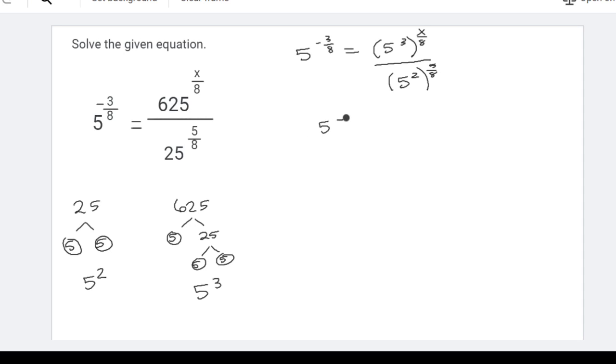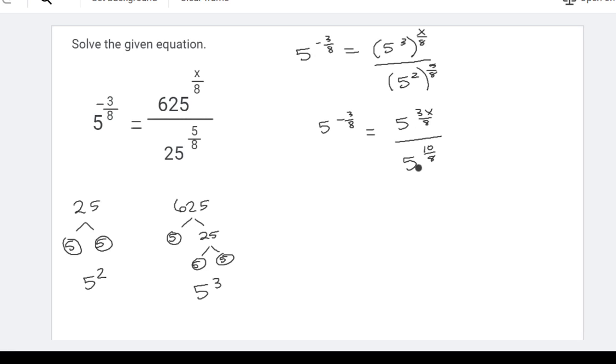Okay, so the left-hand side stays as it is. And on the right-hand side, I'm going to multiply each set of exponents. So this turns into 5, and 3 times x is 3x over 8. And down below, I have 5, and then 2 times 5 is 10 over 8.